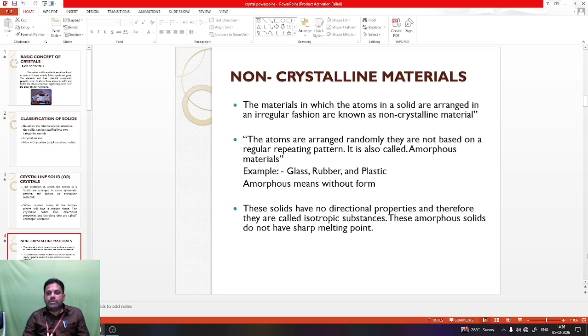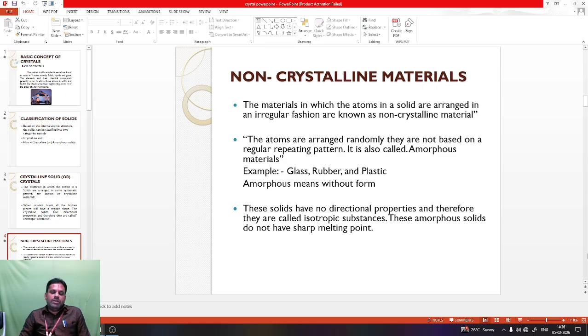The word non-crystalline, or amorphous, means without any form. The atoms are arranged randomly and not based on a regular repeating pattern. So what are examples of non-crystalline materials? Glass, mica, rubber, plastic.